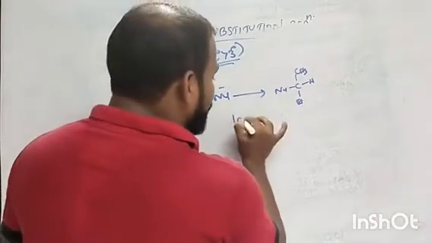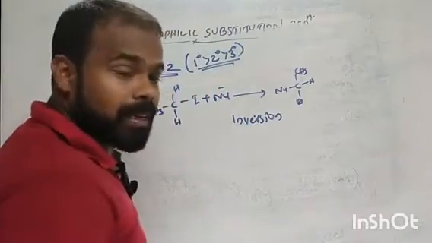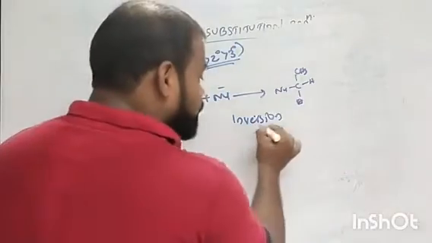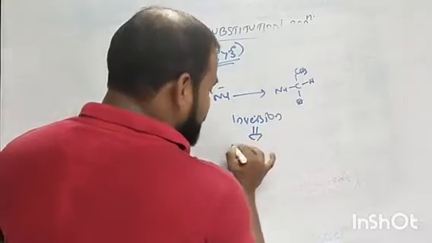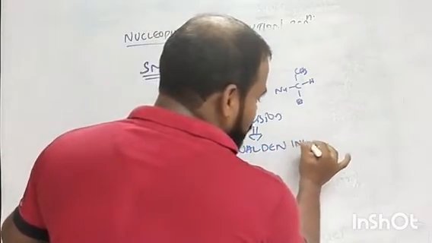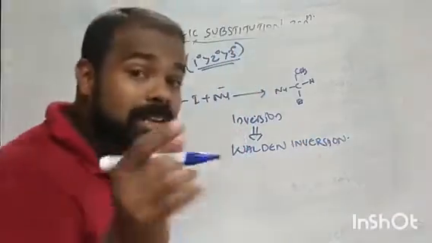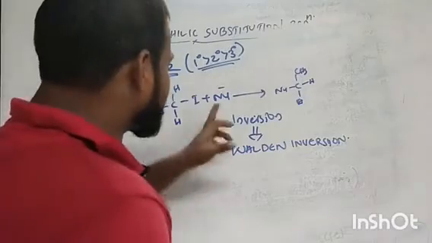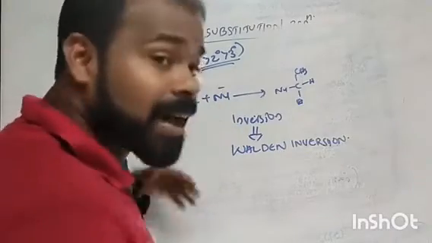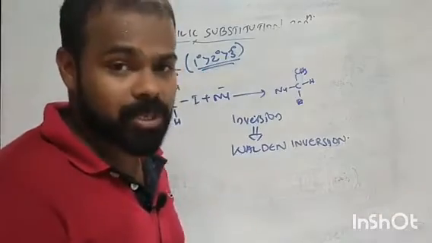Here only one configuration, inversion configuration. This process is called Walden inversion. Just opposite to where I removed the leaving group, the nucleophile will be attached.